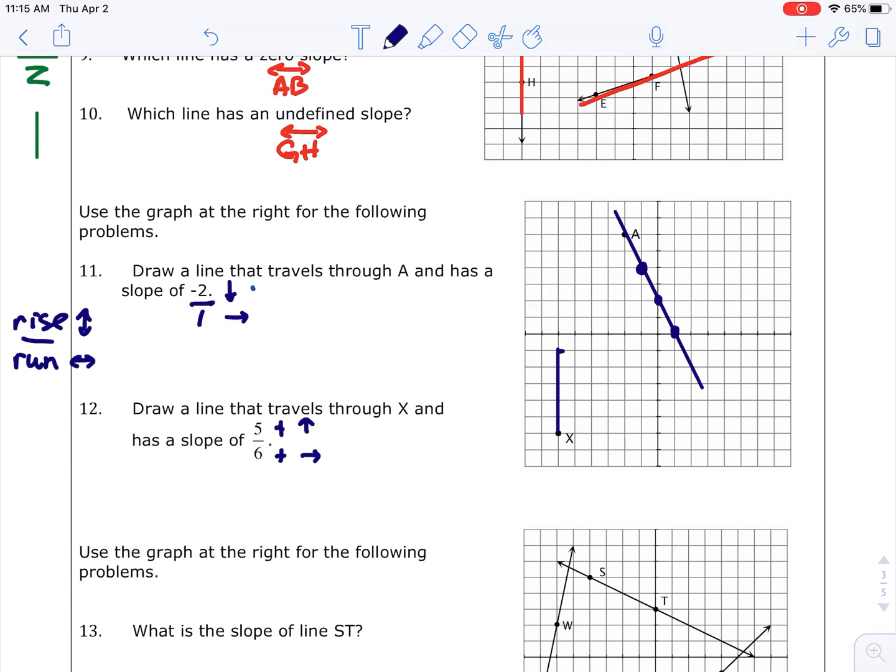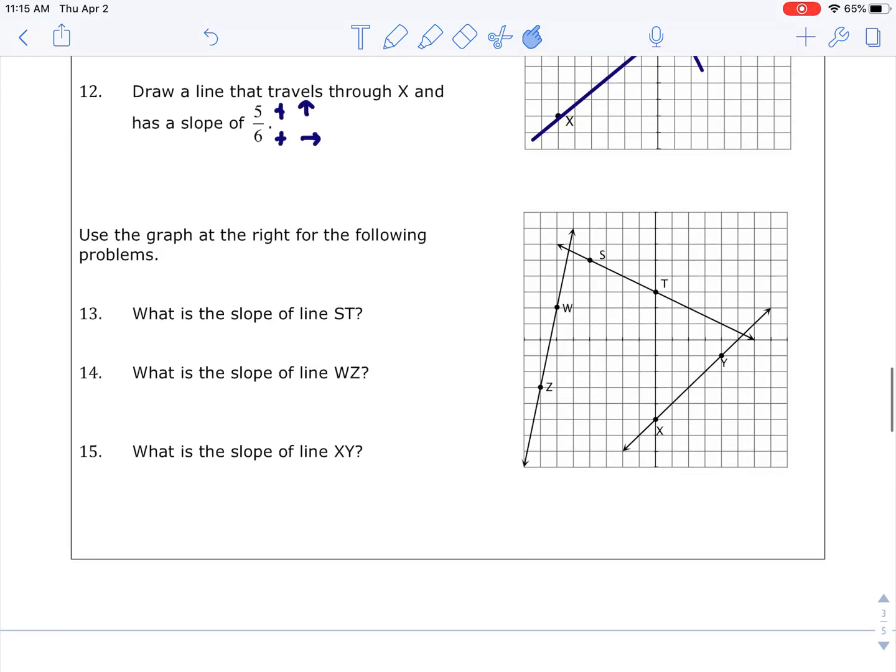And then I'm going to go across 6: 1, 2, 3, 4, 5, 6. And now I can put a point there, and I can connect with a line. And there is my line. So I'm going to get rid of the stairs that I used to create it, and that's essentially a line with a slope of 5 over 6 through the point X.